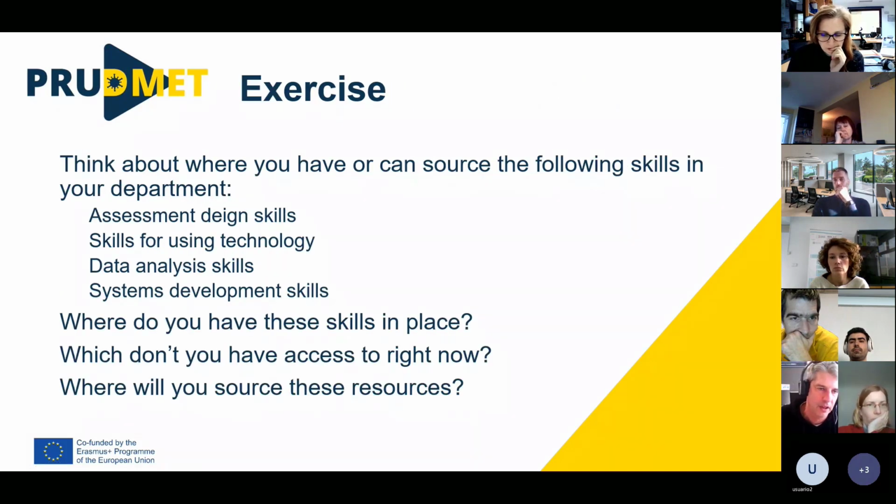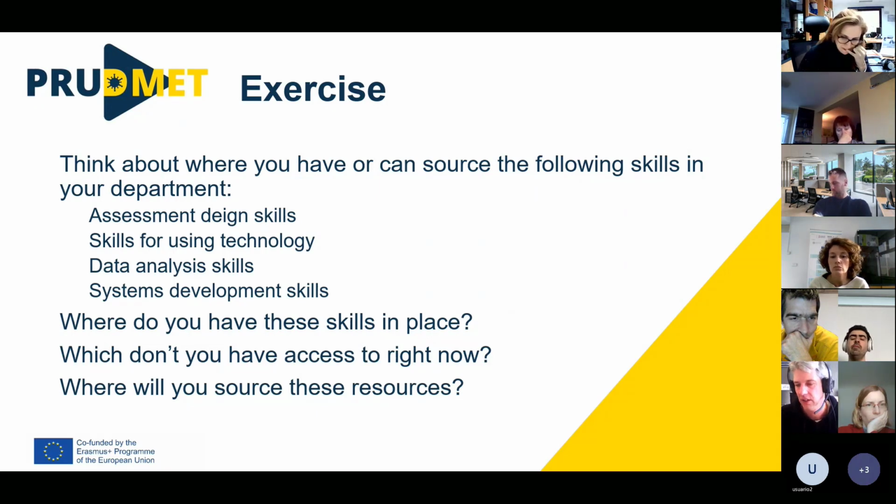At the end, with what time there would be spare, and again, I'd be talking about another 20 minutes of discussion or so, we'd be thinking about where you have or can source the following skills in your department.